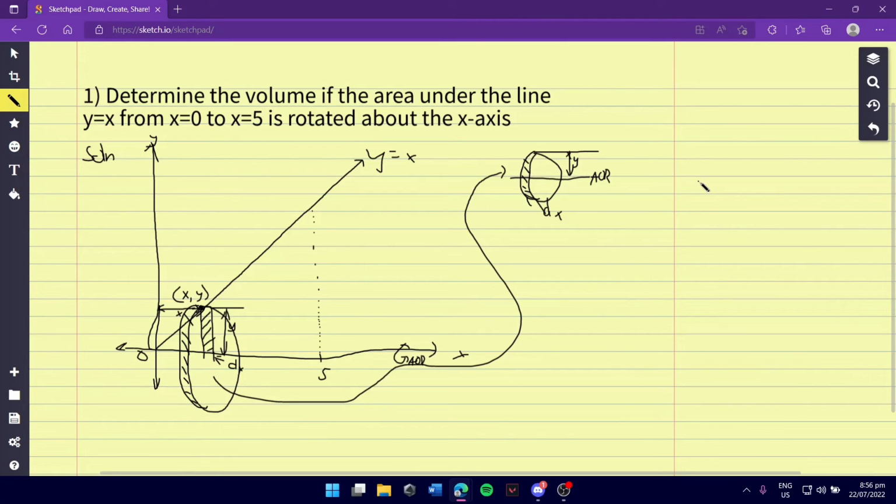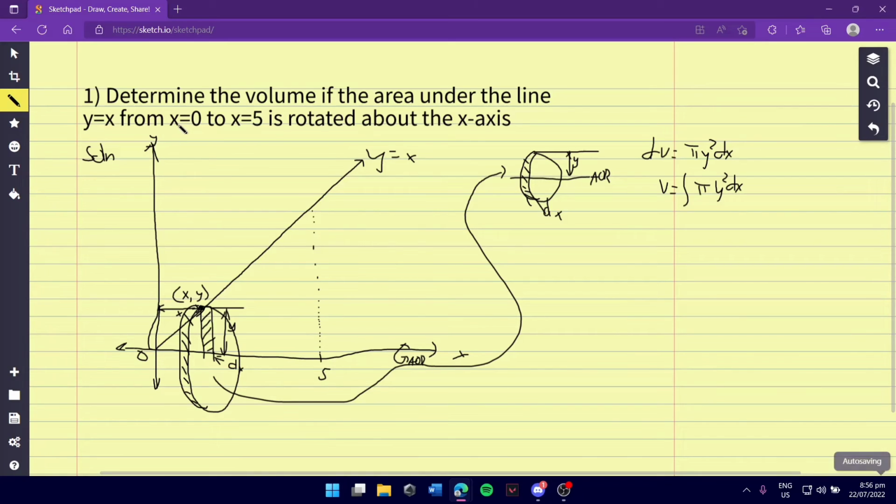So next, dv, differential volume, is equals to pi y squared dx. Integrating both sides, we have volume is equals to the integral of pi y squared times your dx.